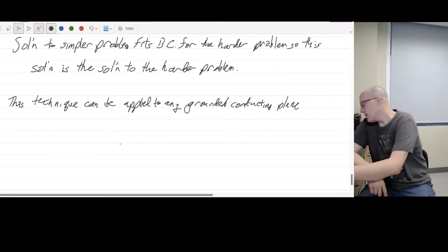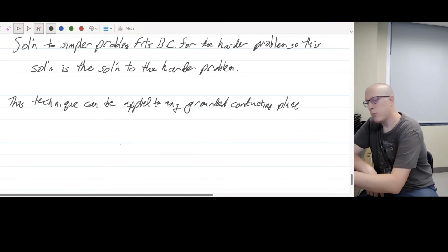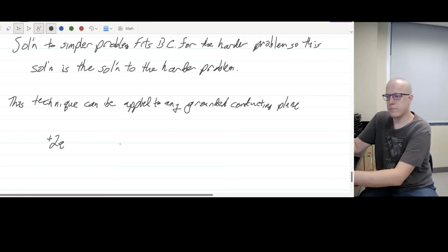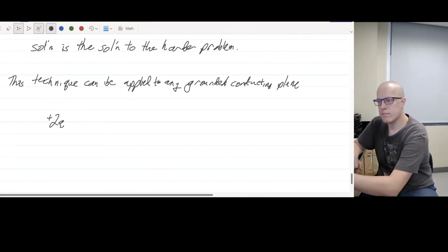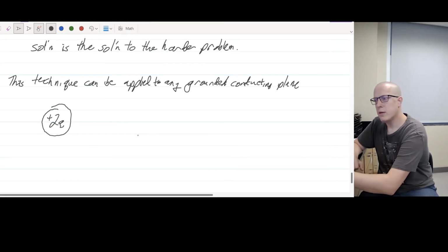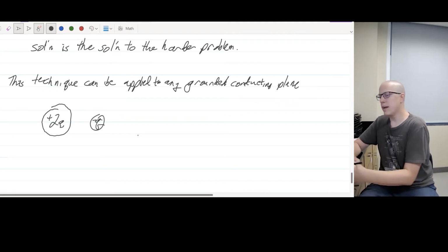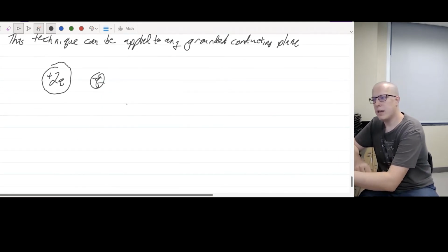So for example, if I had a setup where I had like a +2Q right here. Oh, sorry. +2Q here. Maybe I have just a negative Q right here, right? Maybe I have a +Q right here.